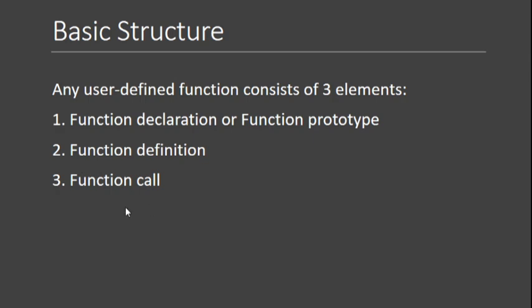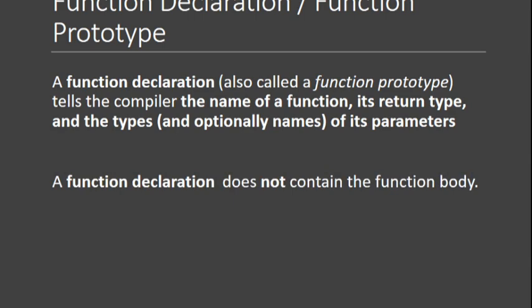Okay? So, function declaration, function definition, and function call. Function declaration means we have to inform the compiler. So I am going to write a separate user-defined function. Function declaration is also called function prototype.